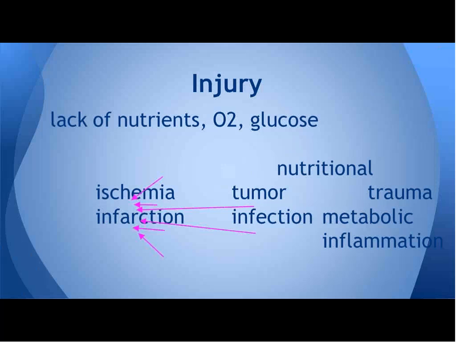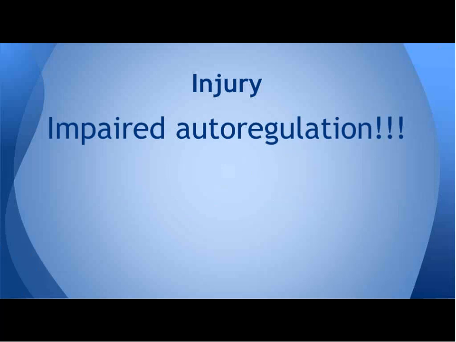The way that the brain becomes injured is essentially lack of nutrients, specifically oxygen and glucose, which can be from nutritional factors, tumor, infection, trauma, or metabolic disorders, and which leads to ischemia and infarction, and especially impaired autoregulation.